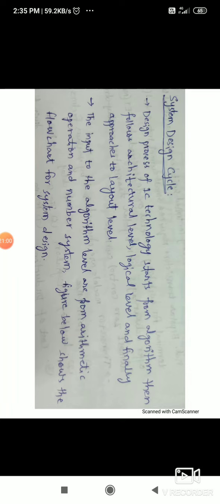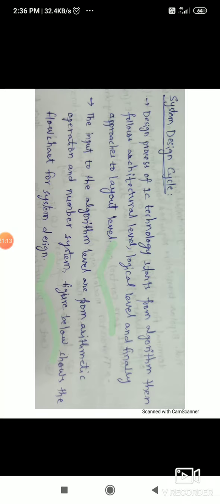Here, in the system design cycle, the design process of IC technology starts from the algorithm, then follows the architecture level, logical level, and finally the layout level. These are all the system design cycle: algorithm, architecture, logical, and layout level.